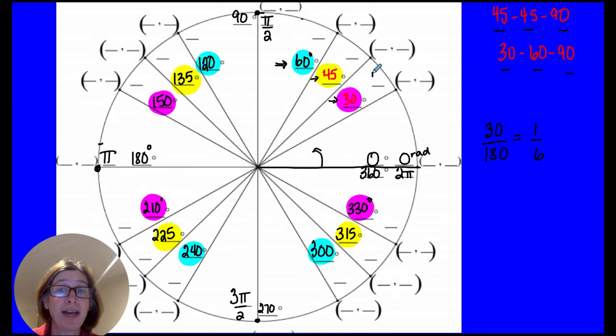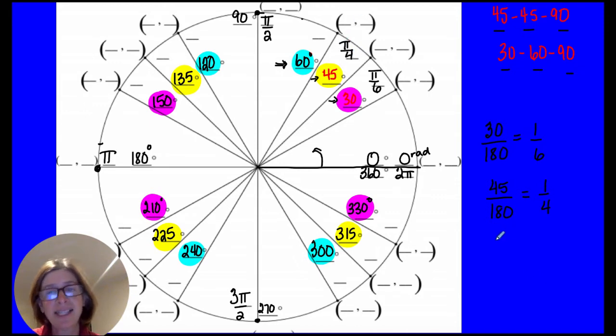So it would be pi over 6 radians. 45 over 180 would be 1/4 of pi, so therefore pi over 4 radians. And 60 over 180 would be 1/3, which would be pi over 3 radians.